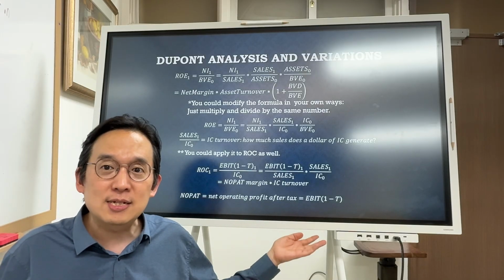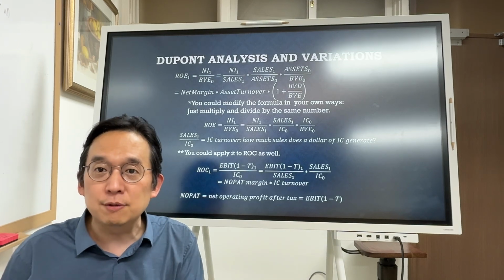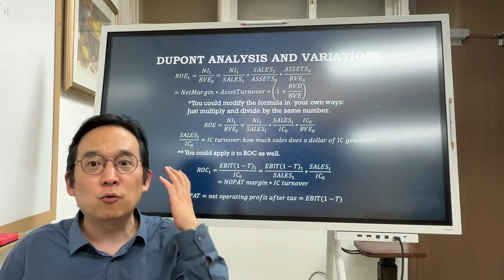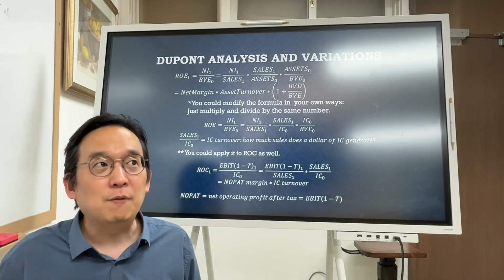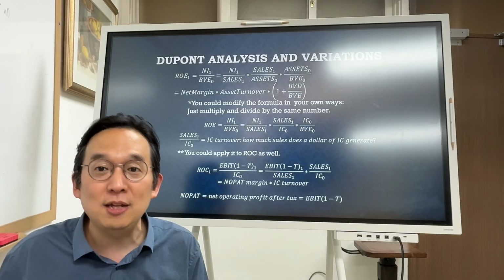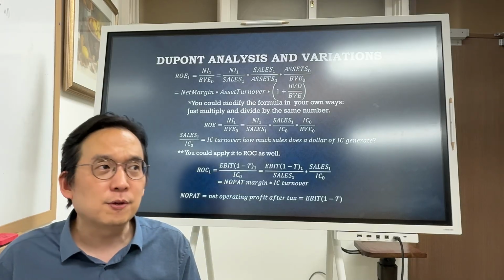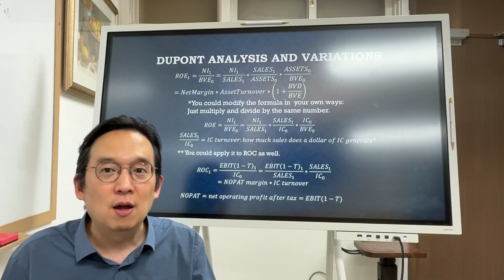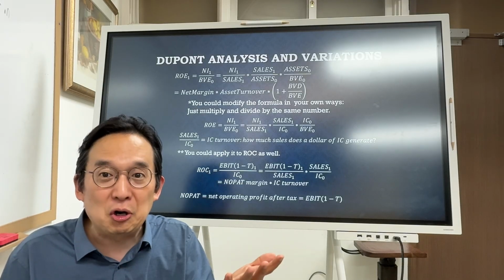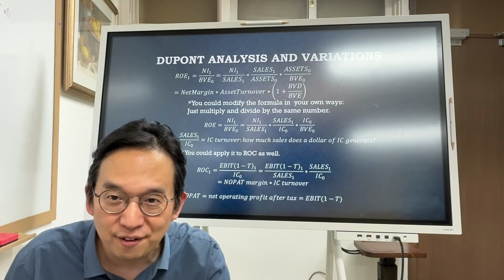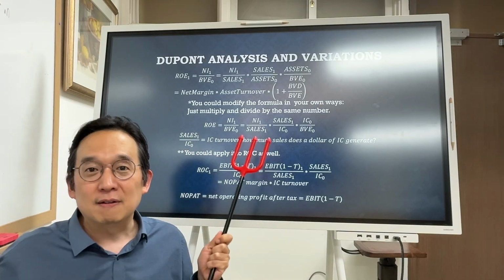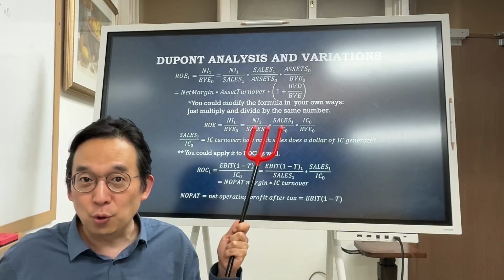It could be fixed assets, it could be human capital, right? For the same number of employees, how much sales do you generate? If your company is JYP kind of entertainment companies, for the same number of singers and dancers, how much sales, ticket sales do you generate? That shows up in your asset turnover.